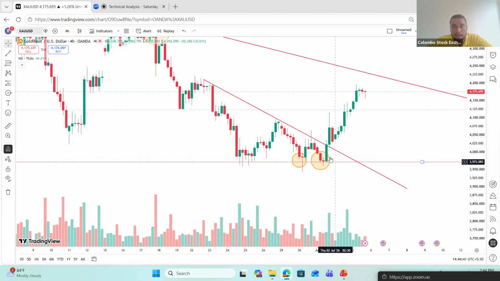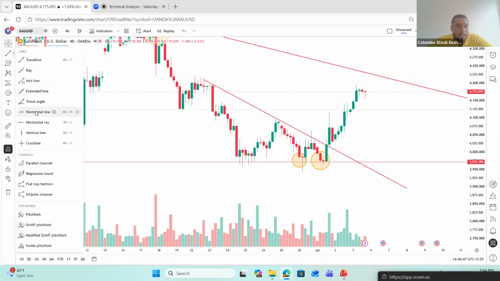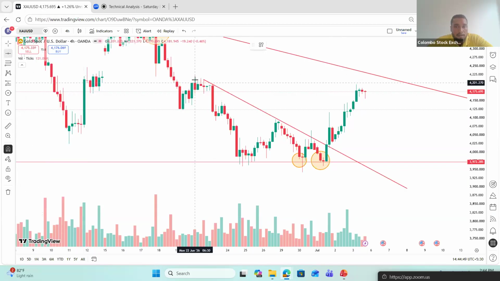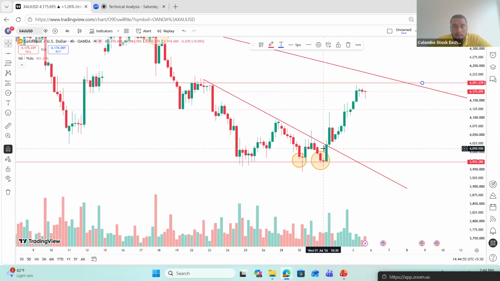This marks the end of the downtrend, and after that you can see the price has gone up, reaching the start of this downtrend. Before that downtrend breakout you see the two dojis at the bottom of the trend.